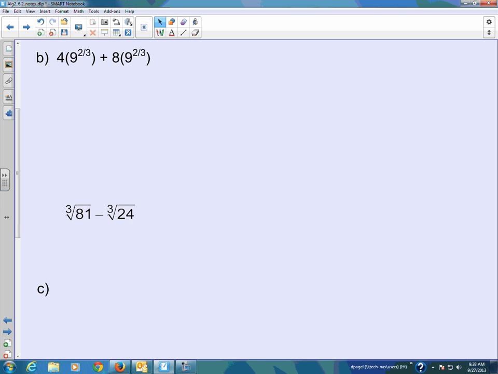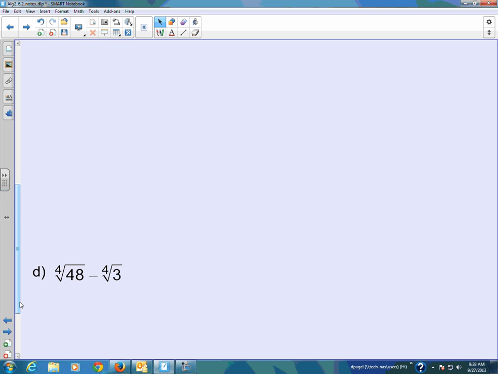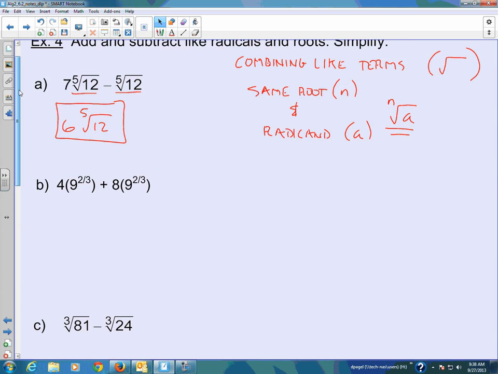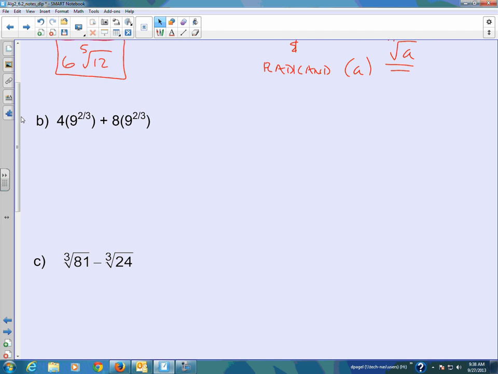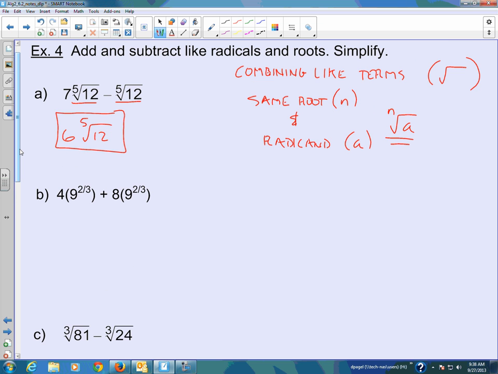Let's give ourselves some space here. All right. Let's take a look at these other examples then. Looking for the same radicals, or in this case, same exponents.